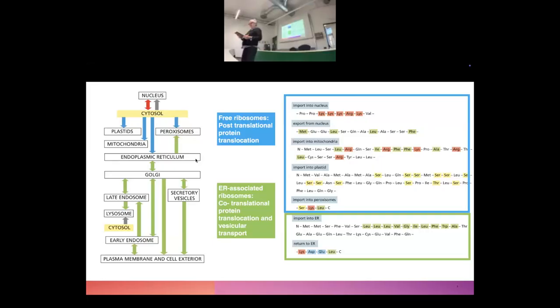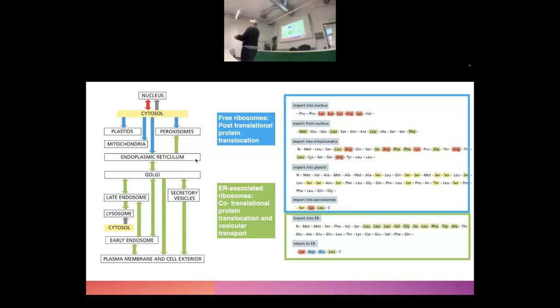The green part will be the ribosomes that will start their translation process in the cytosol, but due to a sequence which is an import signal to the ER, and this is at the N terminal or not that far from the N terminal part.